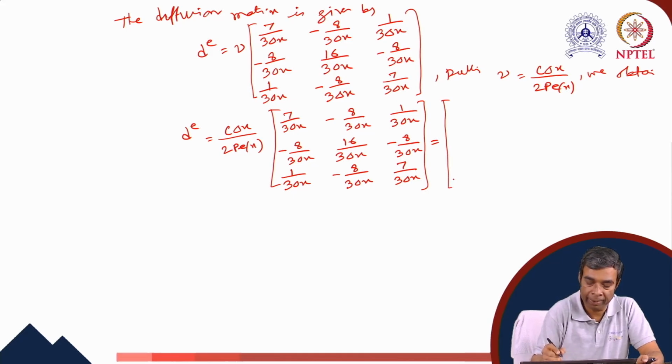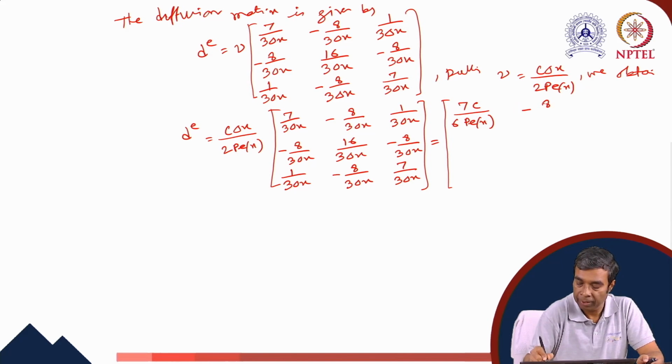Which can be written as 7C by 6 PEX as the first term. The next term is minus 8C by 6 PEX. The last term in the first row is C by 6 PEX.